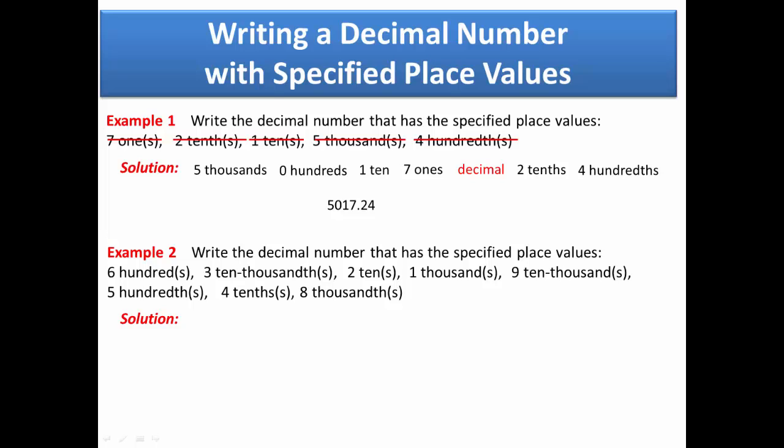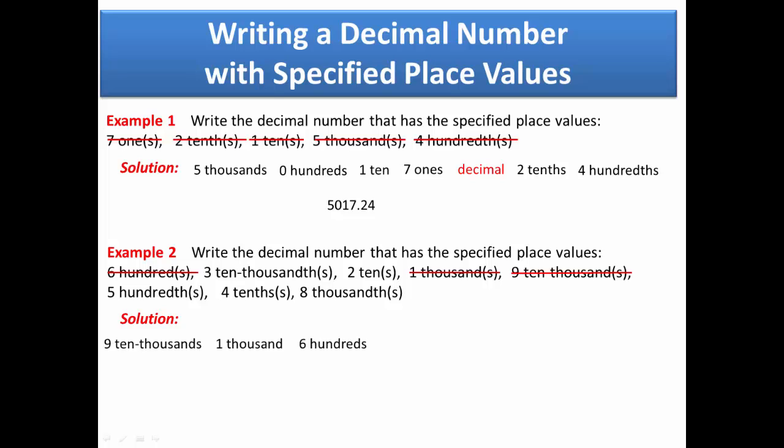The largest place value we have here is ten-thousands, which we have 9 in our list. The next place value would be thousands, and we have 1,000 from our list. The next place value would be hundreds, and we have 6 hundreds.